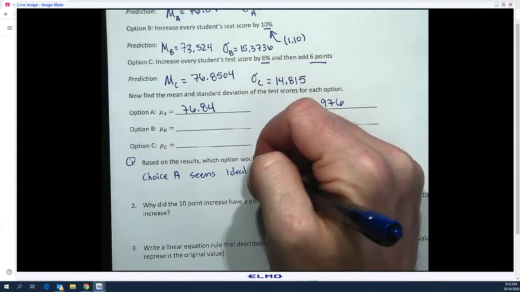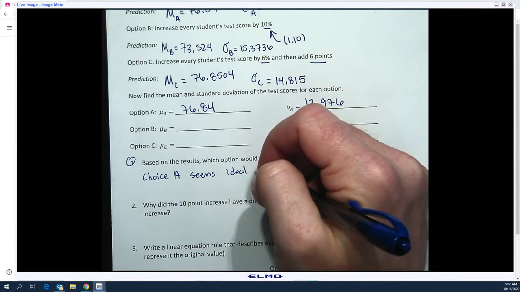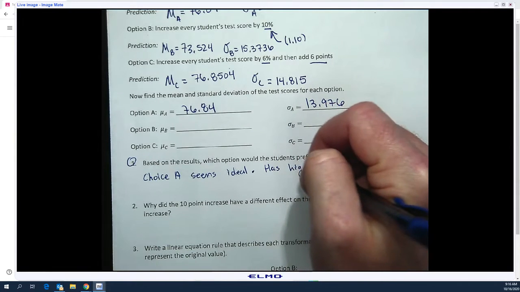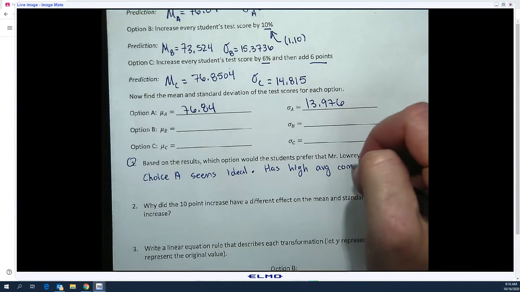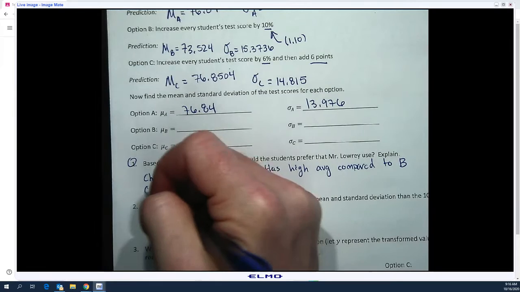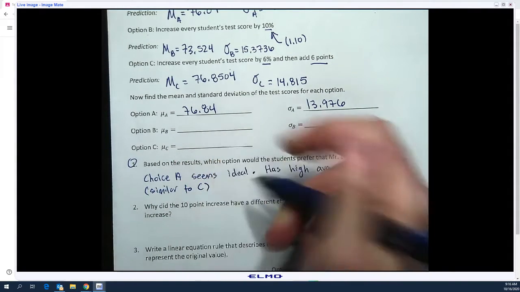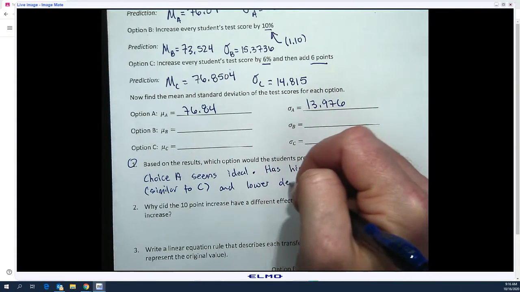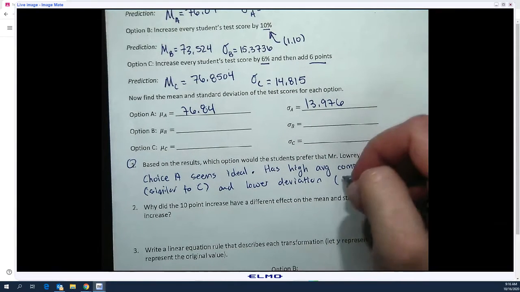It has the second highest average, but very close to C. So it has a high average compared to method B, and it's similar to C, and a lower deviation. So tests are closer together.